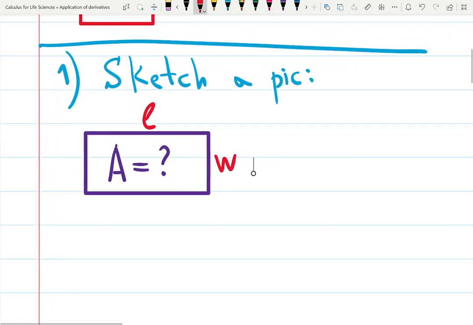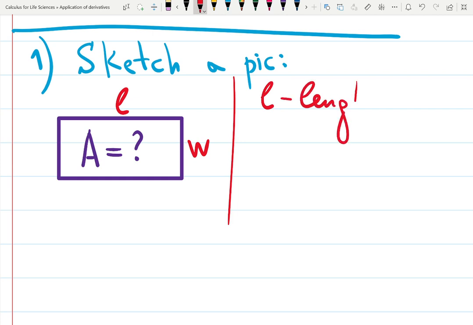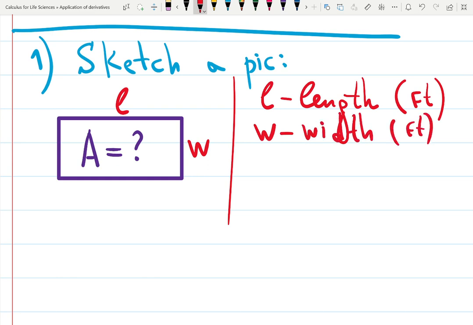As a modeler or STEM scientist, you have to be precise and name everything nicely. Let L be the length, and sometimes we even require units. The units are feet, because it was given in feet. W is the width, also in feet.